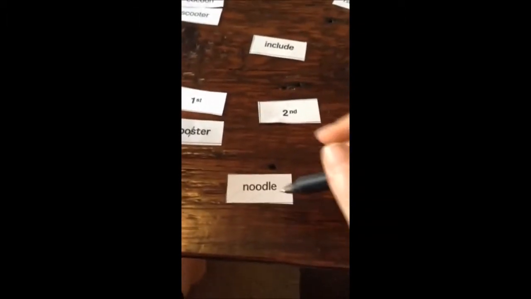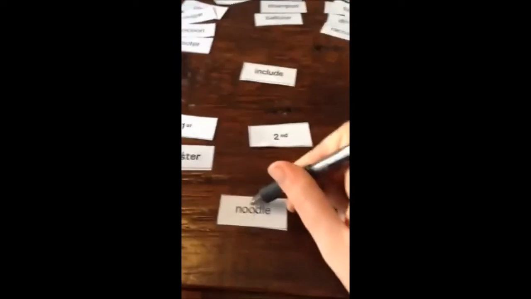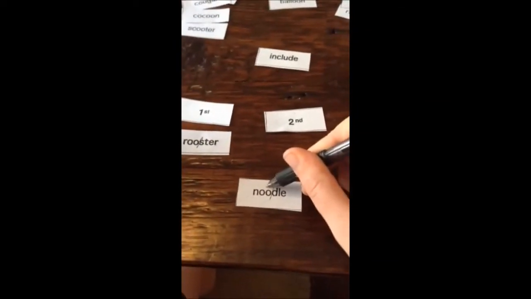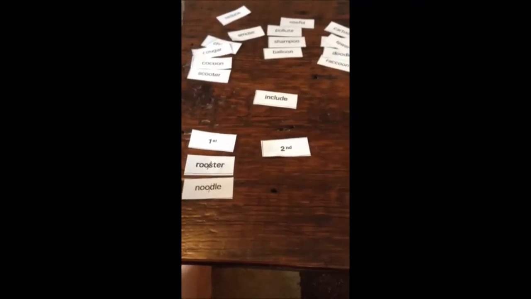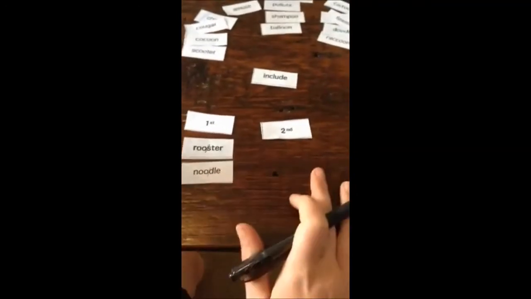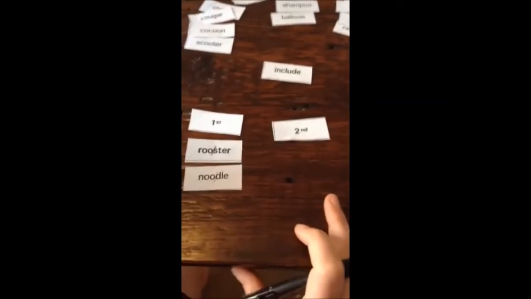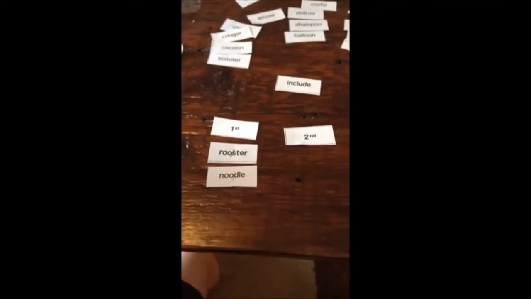Noodle, noodle. I can draw that syllable juncture line if I need to, and clearly the long U sound is in the first syllable. So continue doing that until you finish sorting them, first by the placement of the long U sound by syllable into the first and second syllable. So pause your video and hit play to check with mine when you are done.